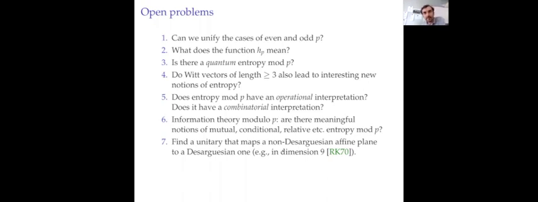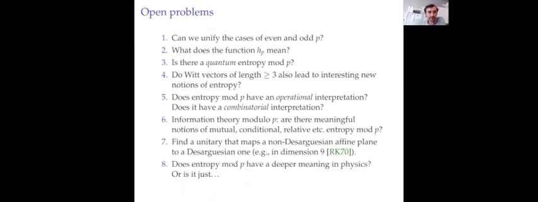So the Gram matrix of a non-Desarguesian affine plane is the same as that of a Desarguesian one, and there must be a unitary that converts one into the other. So they must be isomorphic in some quantum sense, even though they are not isomorphic in the classical sense. I think it would be interesting to know what this isomorphism is, to have an explicit unitary. Once you have it, you can also establish a connection with the mutually unbiased bases.